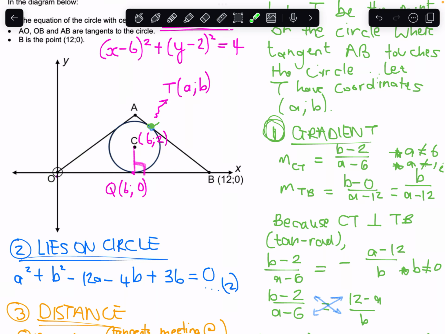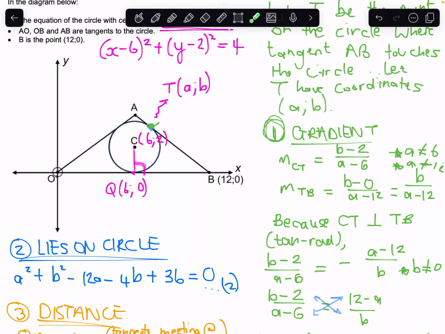And again, restriction there being a can't be equal to 12. Because CT is perpendicular to TB, I then know that this is equal to this flipped around with a negative in front of it: a minus 12 divided by b, with a minus in front. And of course, this only works if b isn't 0.